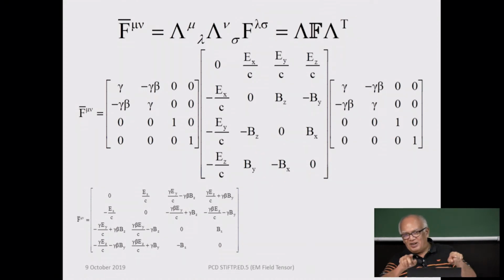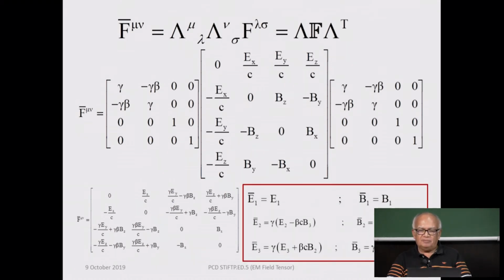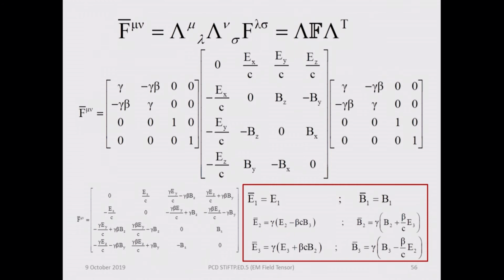You carry out the multiplication and then add up all the terms. So when you do it, you are going to scramble some of these E and B terms. That is exactly what happens, and the result that you get is that the components in the frame S bar are E1 bar, E2 bar and E3 bar. The components of the magnetic field will be B1 bar, B2 bar and B3 bar.